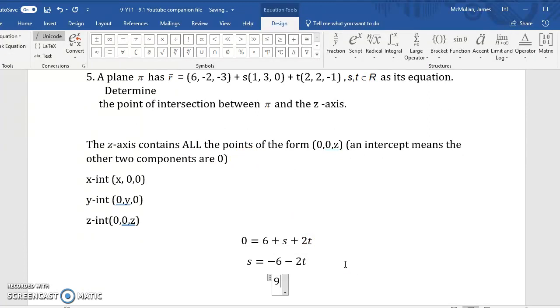Now, I use the same thing to talk about y. Okay, 0 for y, I know it has to be 0 because we're talking about a z-intercept, equals the parametric equation, negative 2 plus 3s plus 2t. I know what s is equal to, because I isolated it in x already, so plus 3 times (negative 6 minus 2t), plus 2t.